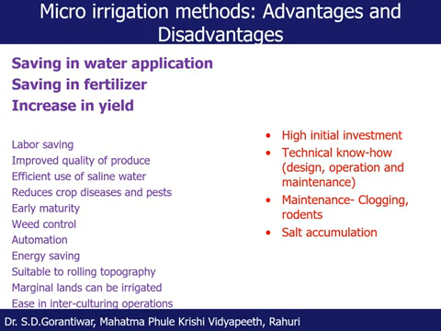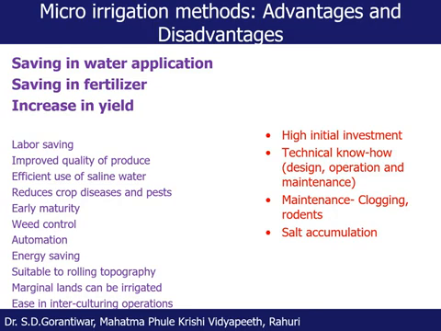But in the drip irrigation method, we bring water from the water source directly up to the root zone through a network of pipes, so there are no conveyance losses, and as we are applying water in a micro, tiny amount precisely into the root zone of the crop, there are no application losses as well.